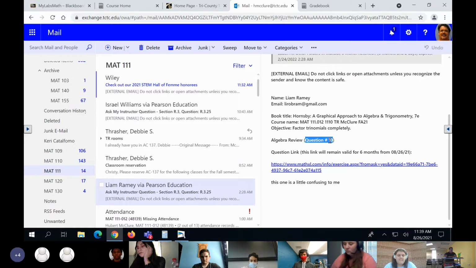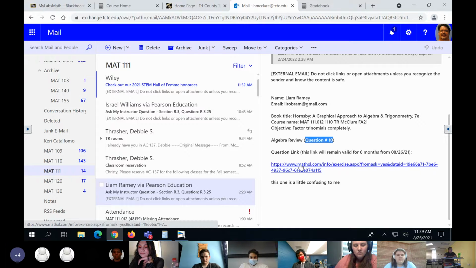Or you can go to your computer right now, go into the R homework, the review homework, and go to number 10, and it will look like this question. Everybody understand that? So 25 in the book. Yes, sir. Number 10 online.